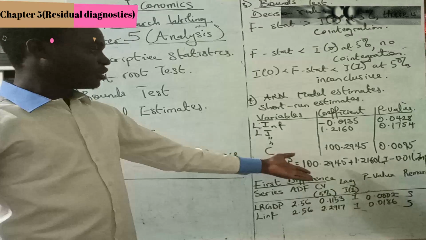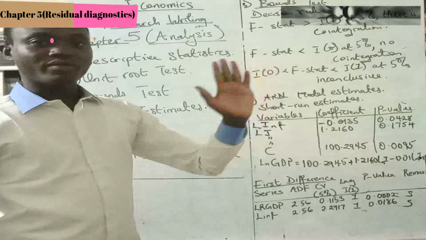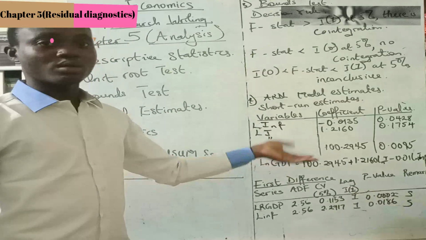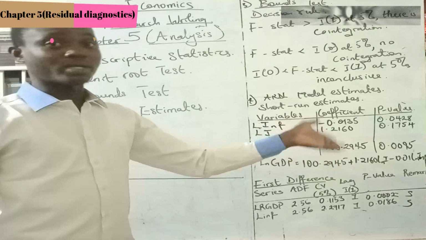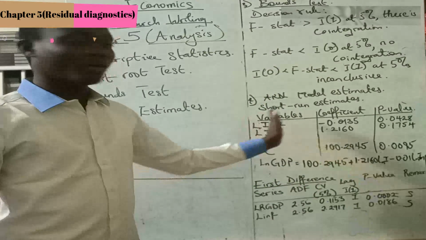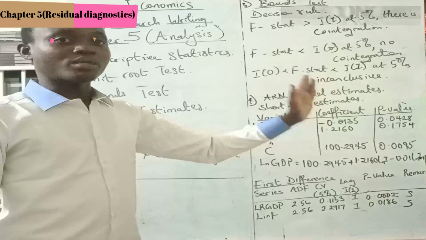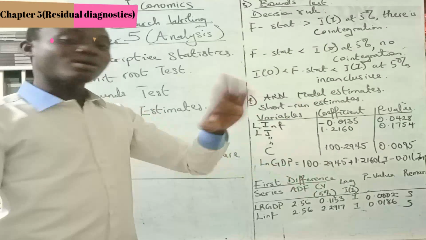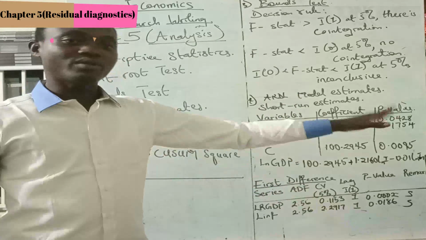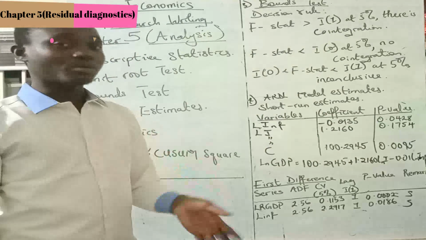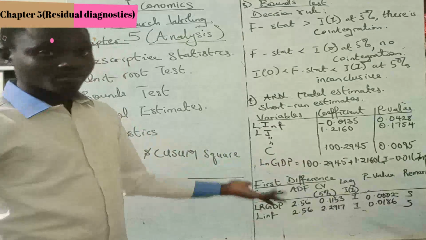Its interpretation is that if every other variable in the model were excluded, if they were zero, GDP is going to be positive, equal to 100.29 whatever. So there's still going to be economic growth in the country if I exclude all of the independent variables in this model. So there are still other factors outside the independent variables in this model that are responsible for a positive economic growth in Nigeria. This might be negative too.